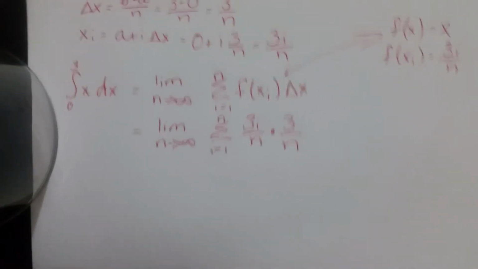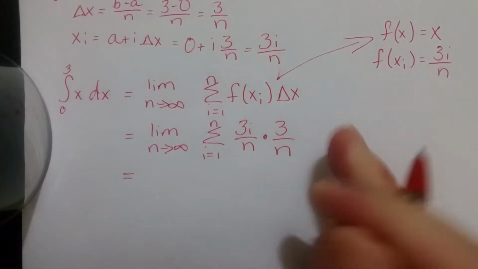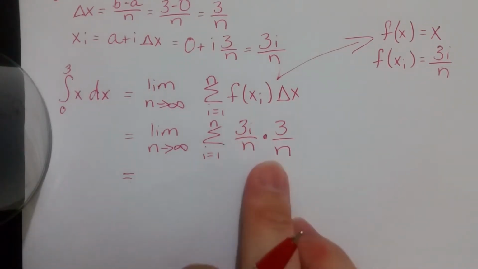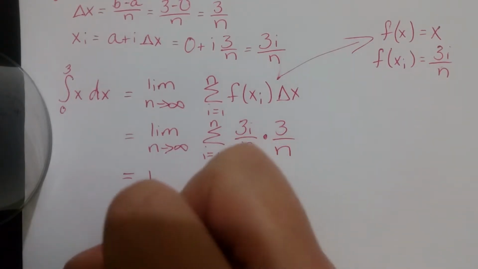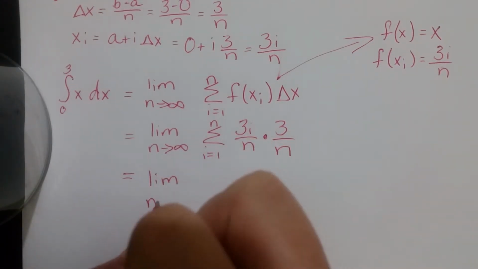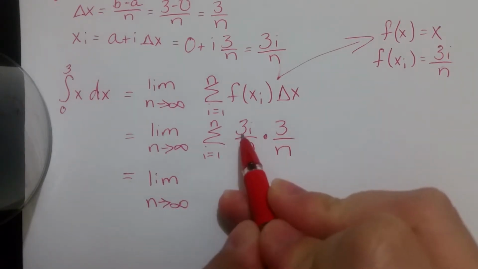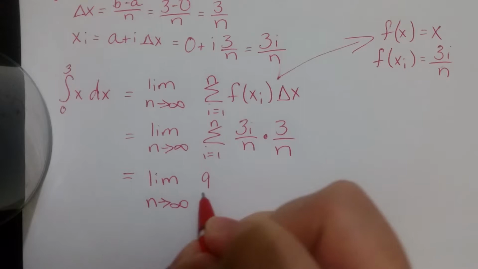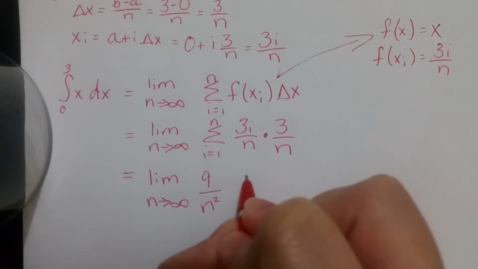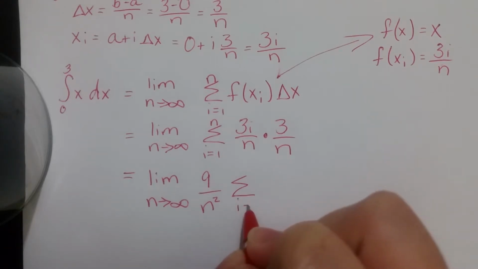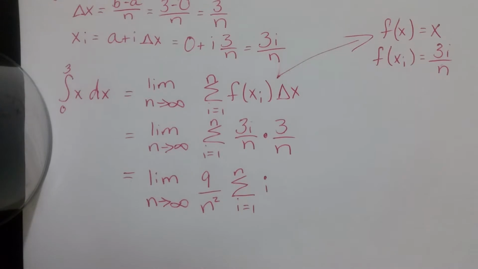Okay, and as I demonstrated in the other one, basically what you can do is anything other than i, you just want to bring it out in front of the sum, because the i is the only thing changing. So in this case, I have 3 times 3, which will be 9, n times n, which will be n squared, and then I'll just have the sum of i.